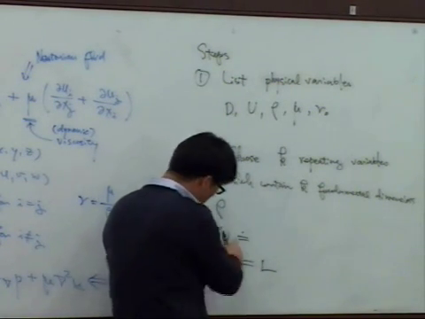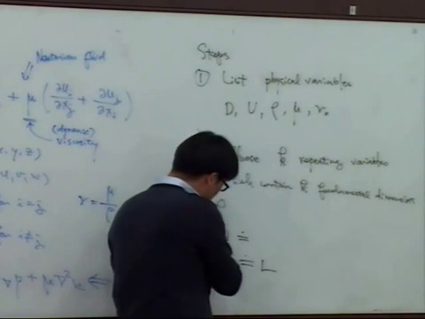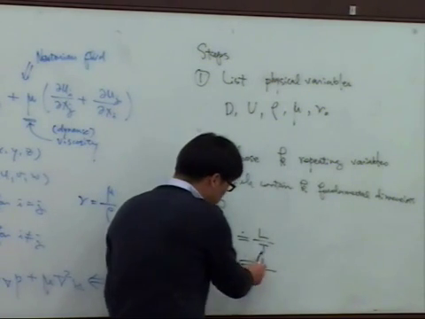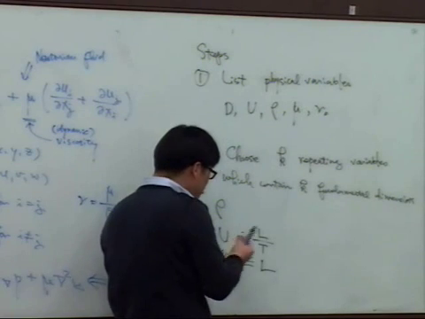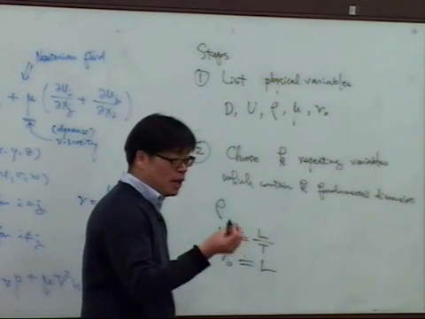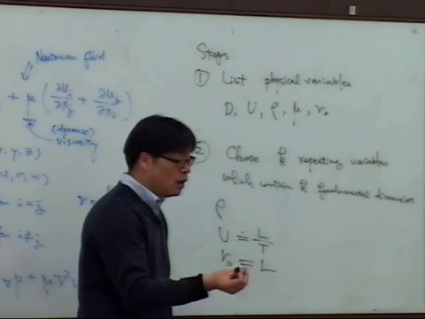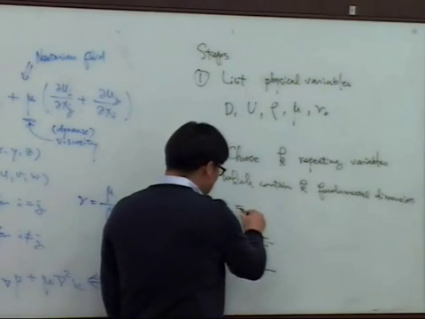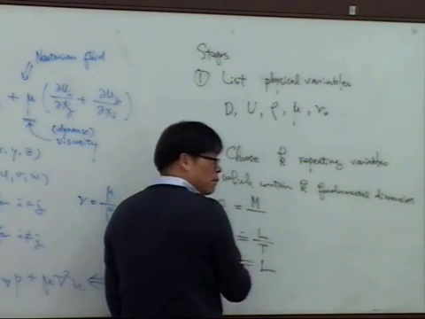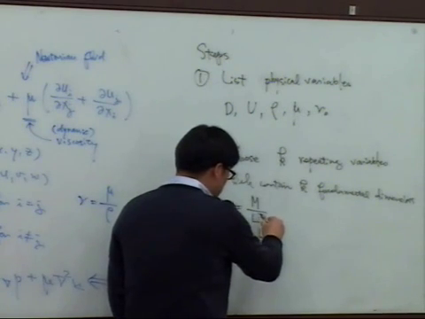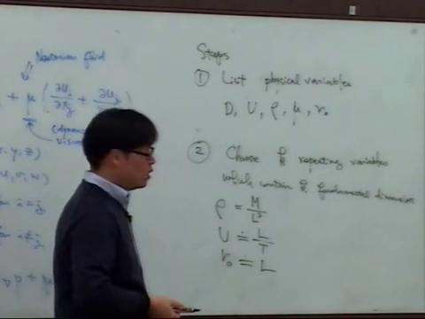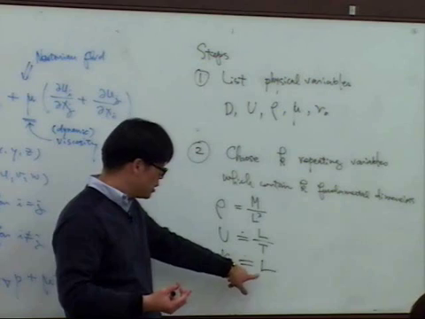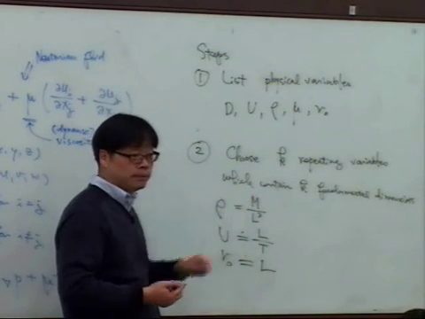The dimension of U is L divided by T, so I include T here. So I have to choose another variable which has M as a dimension. Obviously, rho has dimension M because rho is mass divided by volume, which is length cubed. So by choosing these 3, I include 3 fundamental dimensions, which are L, T, and M.